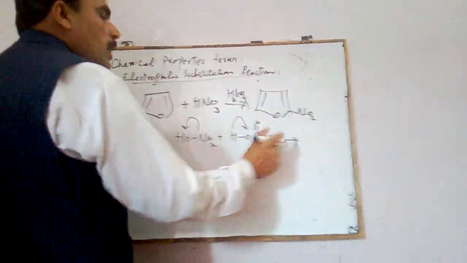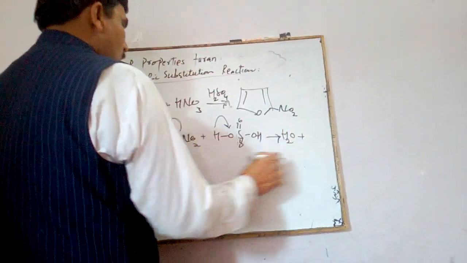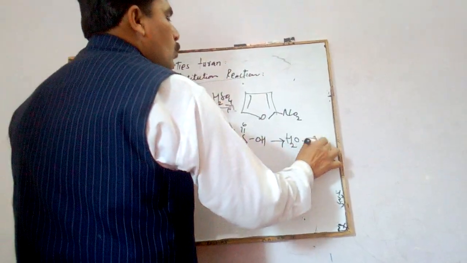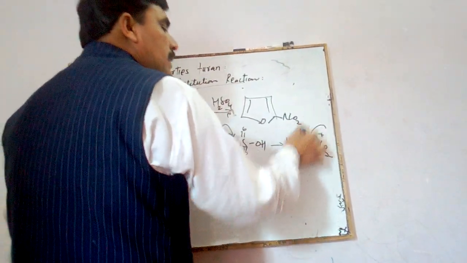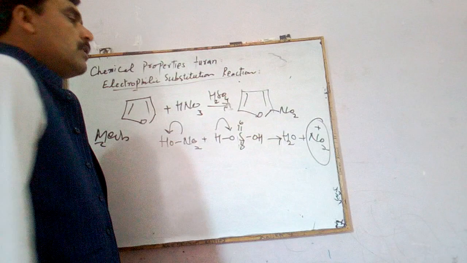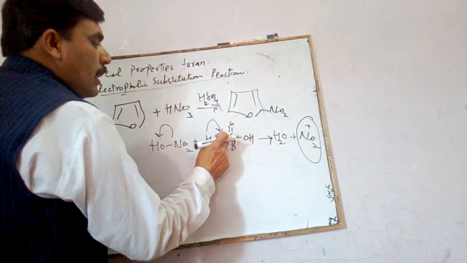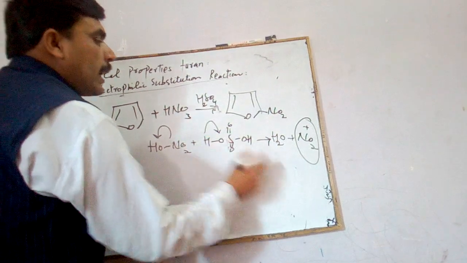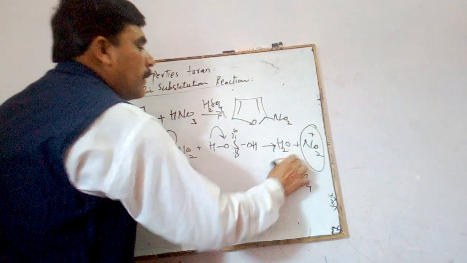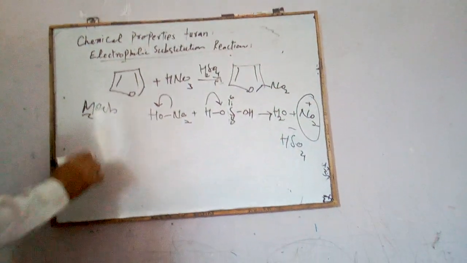HO negative, H positive will yield H2O, and NO2 positive, this will be acting as a nitrating agent or electrophile, and we will get HSO4 negative. HSO4 negative.